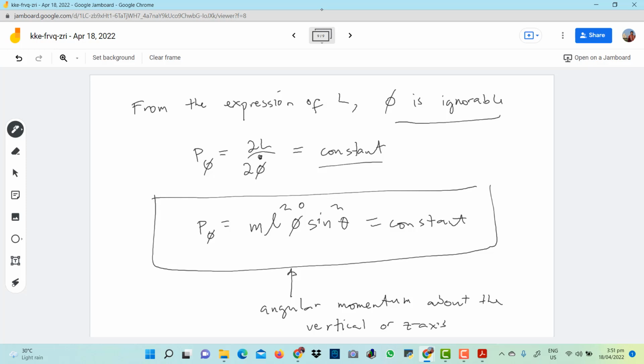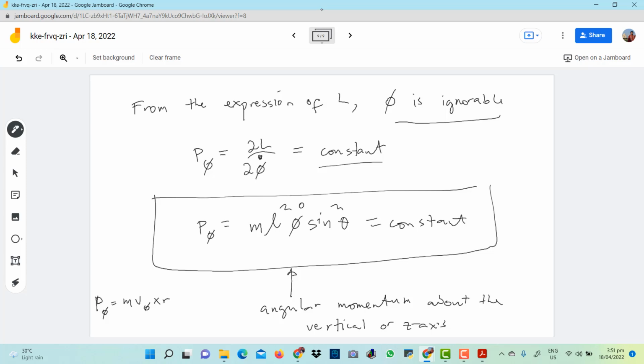Because take note, angular momentum is defined as m v cross r. Sakto? Dili L ako gamit, p phi na lang. So as you can see, p phi, the angular momentum, is m v phi cross r.